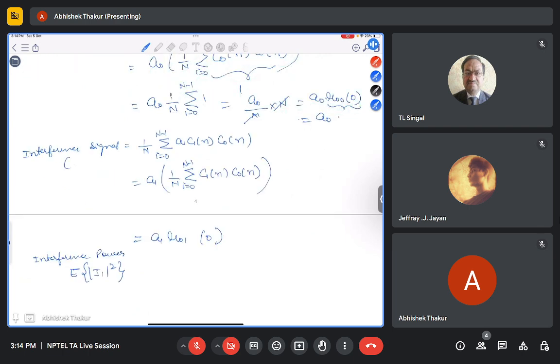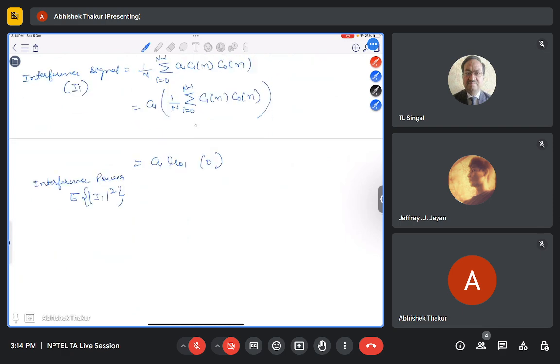Let's suppose this is our I1. So finally we will get the expectation of A1 R01.